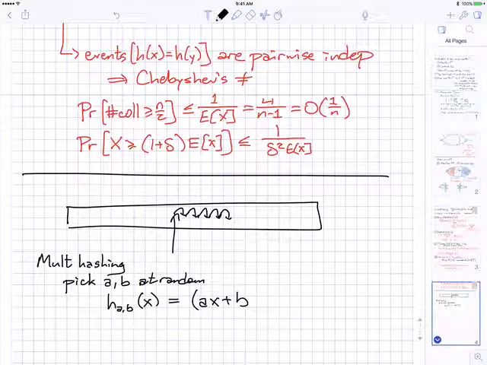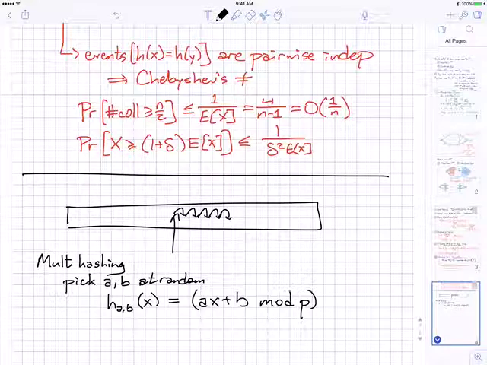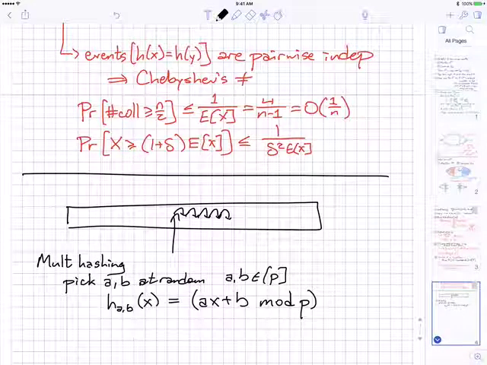But then to fold up the range of values into a small range, the first thing I need to do is mod by some prime number. Each of these random values a and b, I may as well choose from the range of integers between 1 and p. Right, so p is prime.